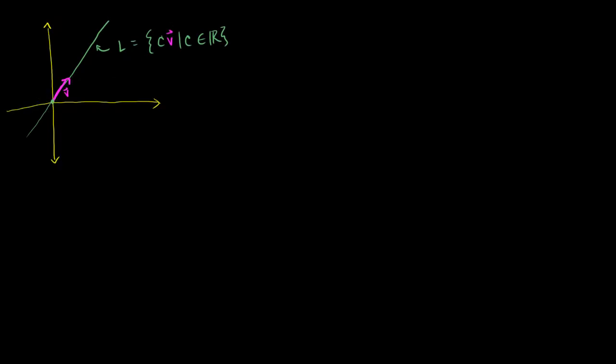What I want to do in this video is to define the idea of a projection onto L of some other vector x. So let me draw some other vector x. Let's say that this right here is my other vector x. Now, a projection, I'm going to give you just a sense of it, and then we'll define it a little bit more precisely.